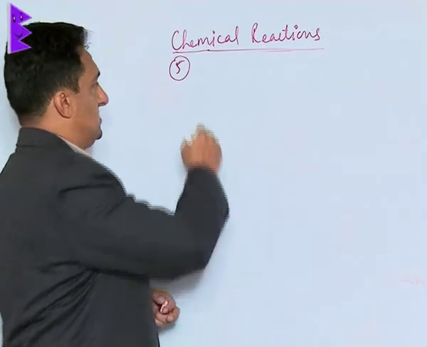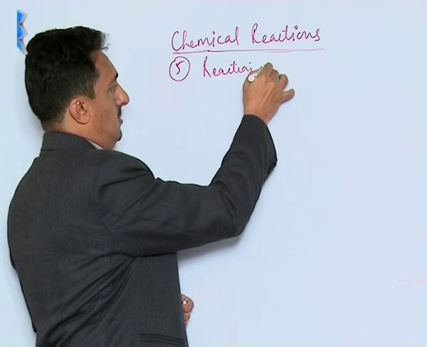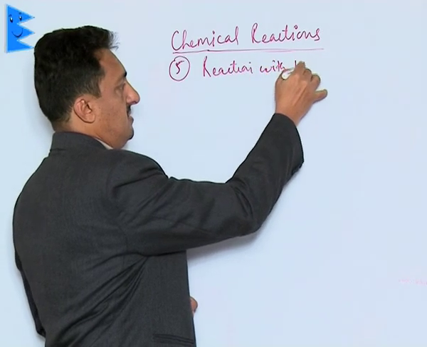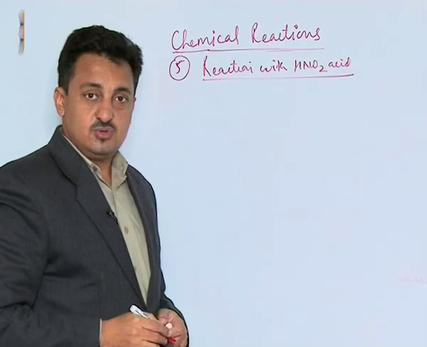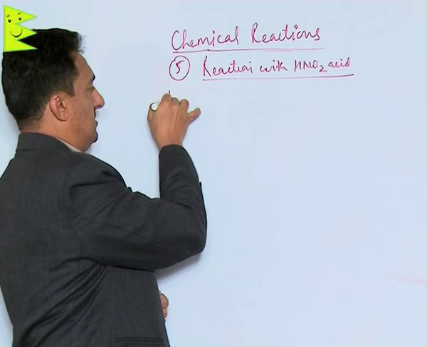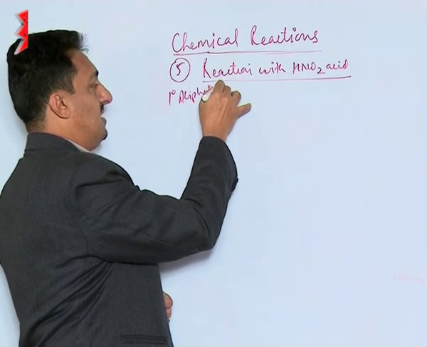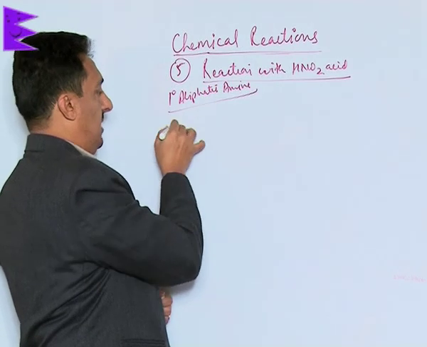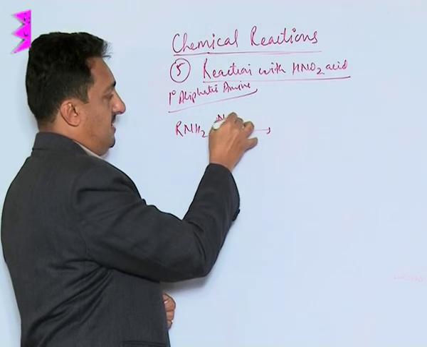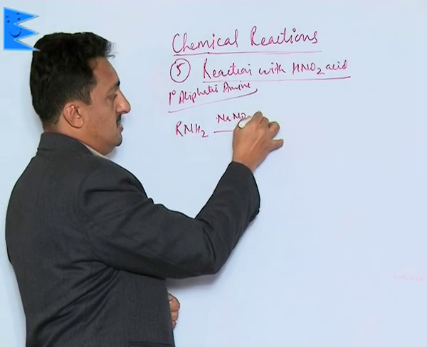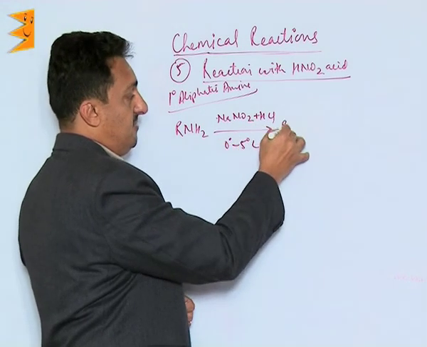The next reaction is reaction with nitrous acid, HNO2. See, if it is a primary aliphatic amine, how we get nitrous acid? By reacting it with NaNO2, HCl, 0 to 5 degrees Celsius, we call it ice cold conditions.